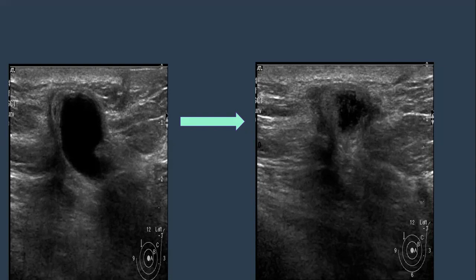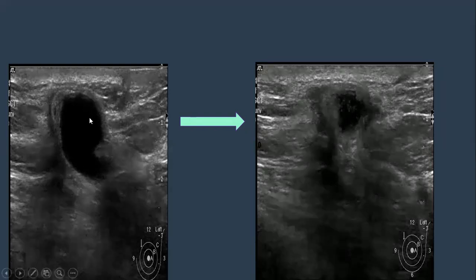Why is the previous tumor regressing? Responding to the treatment, either radiation or chemotherapy. This one is immediate. This is post chemotherapy, post radiation, and this is the follow up.